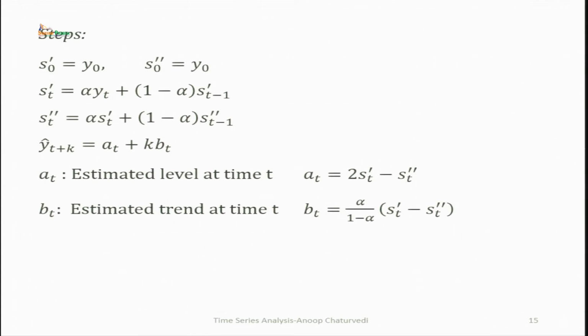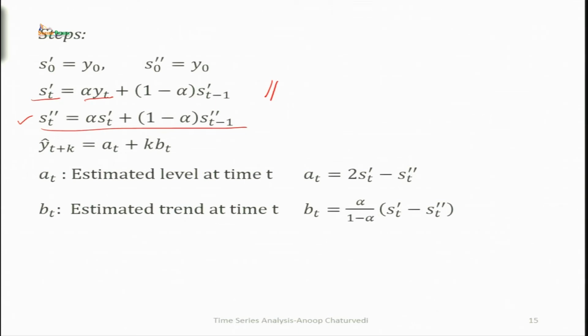So, here you have smoothed the series y t using this equation. This leads to S t dash, and then you further smooth S t dash using this equation. So, this leads to S t double dash.